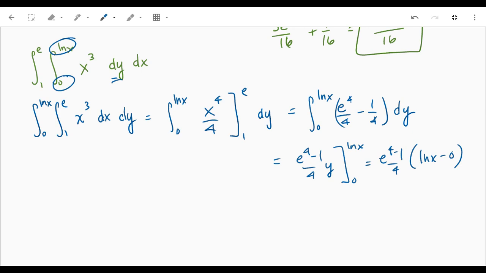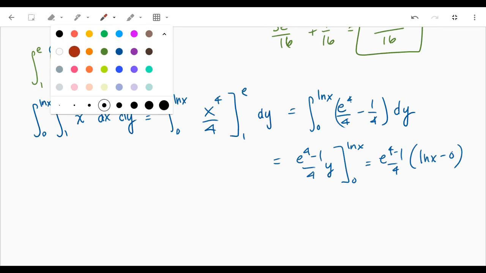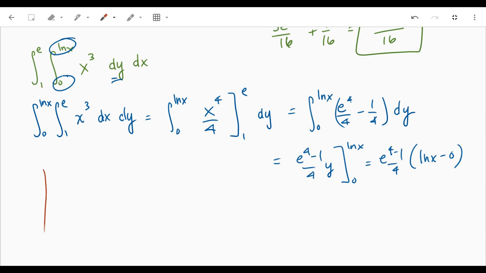And it goes back to drawing our region that we started with, where we had 1 to e and then 0 to natural log. So this point would be e, natural log of e. This point is 1, natural log of 1.